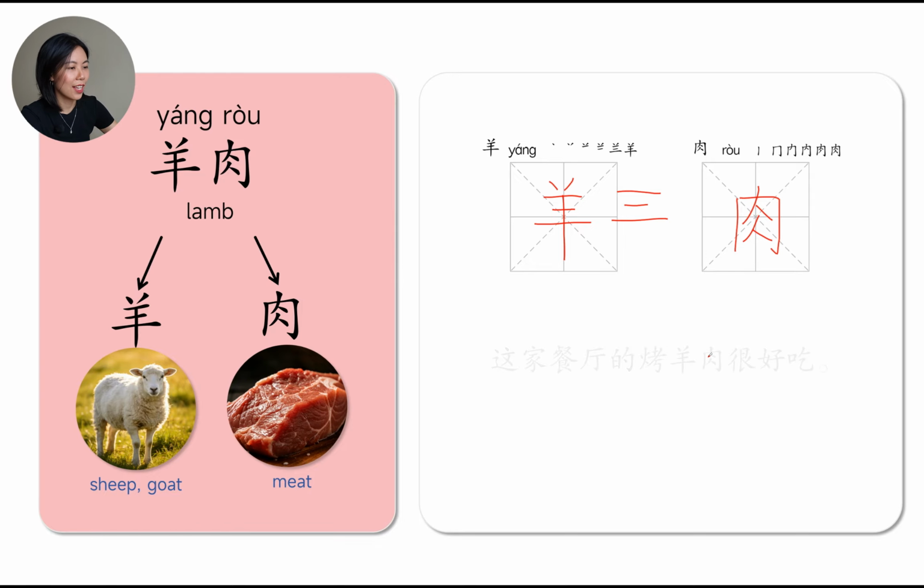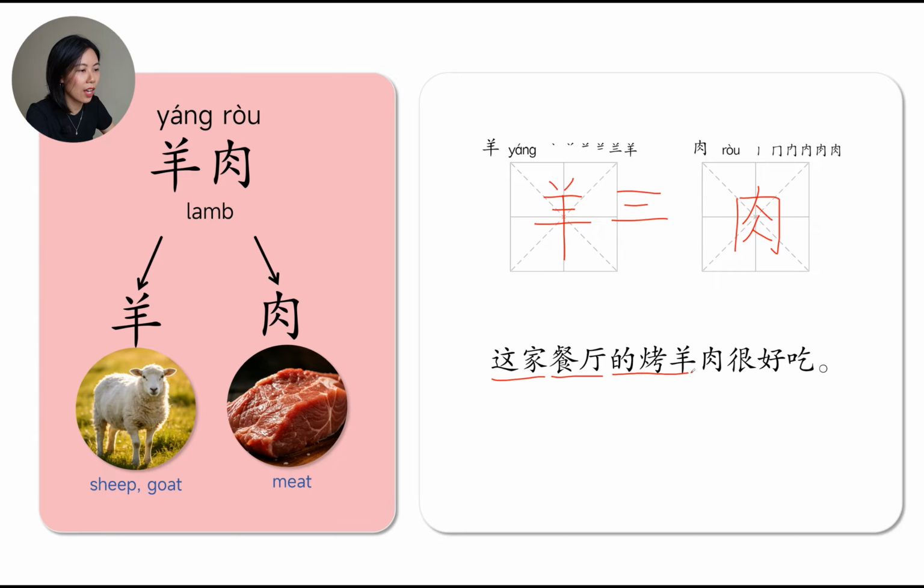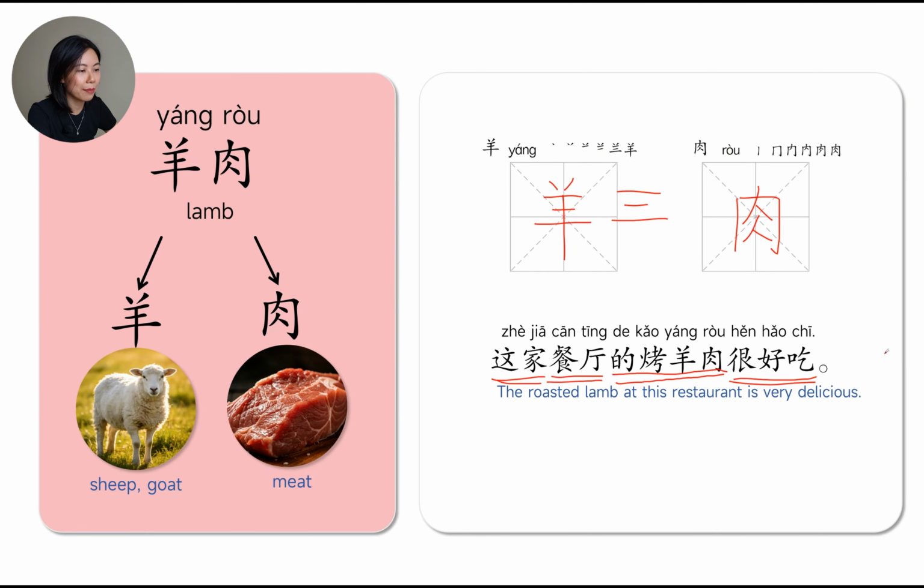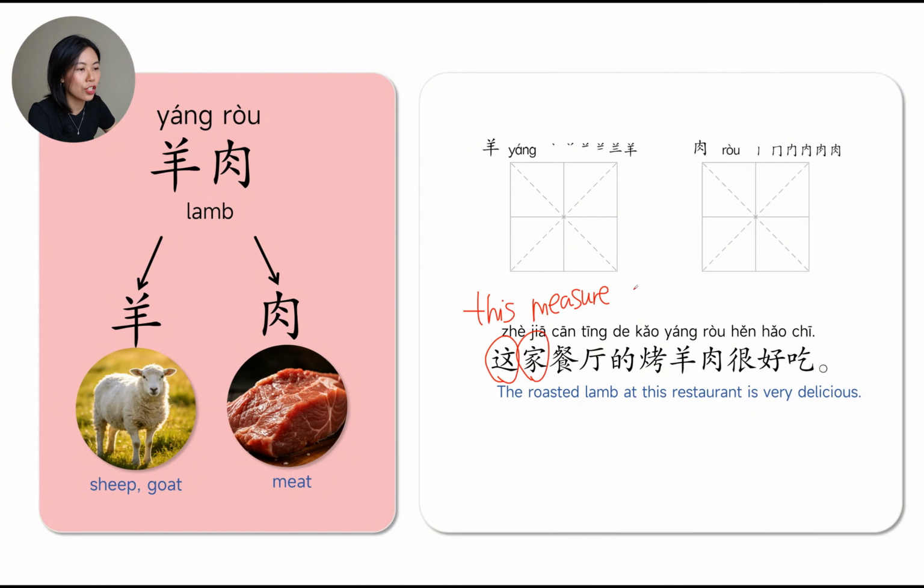很好。And the sentence, 这家餐厅的烤羊肉很好吃。The roasted lamb at this restaurant is very delicious. Let's see. 这 is this. The 家 can be the measure word for a shop. Okay? 餐厅 is the restaurant.